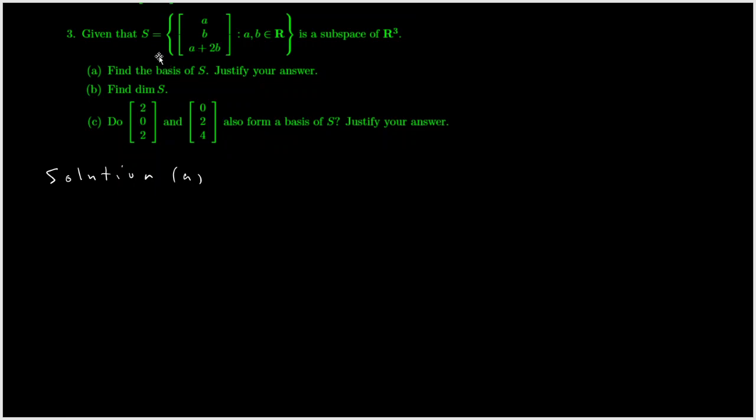The first one uses A value of 1 and B value of 0. The second one uses A value of 0 and B value of 1. In question A, we find the two vectors first.